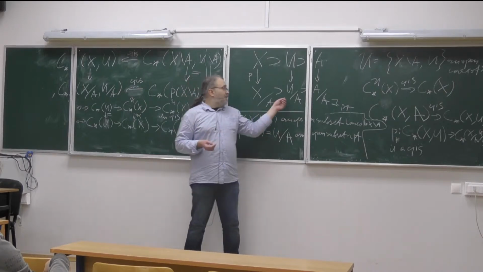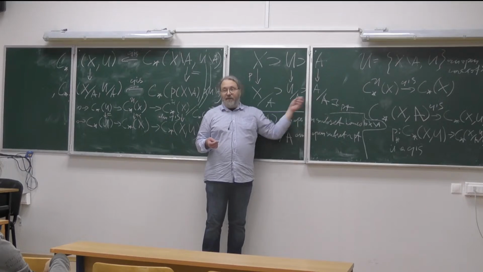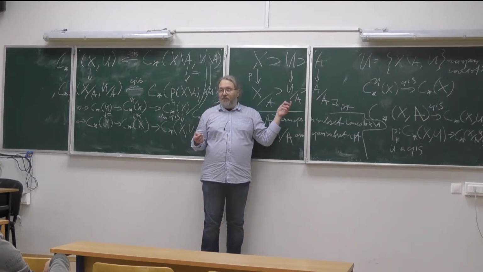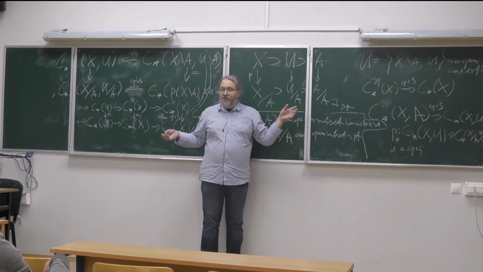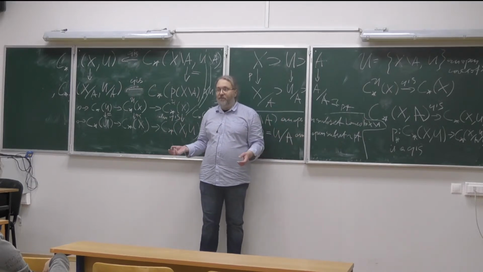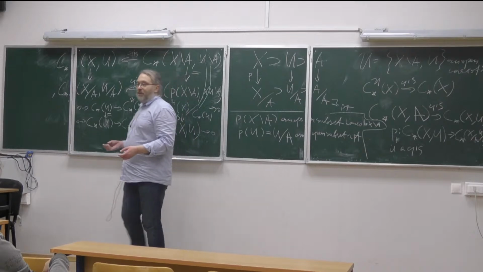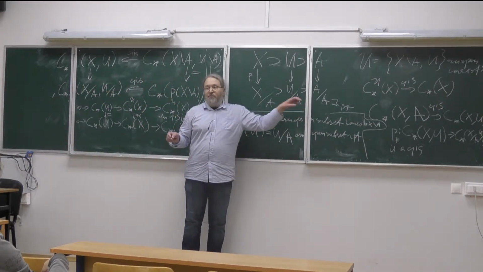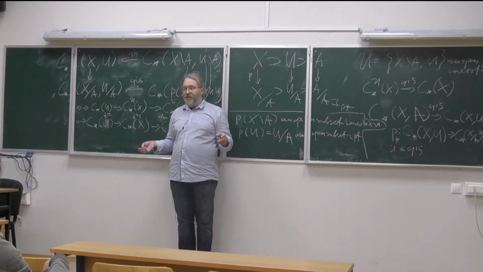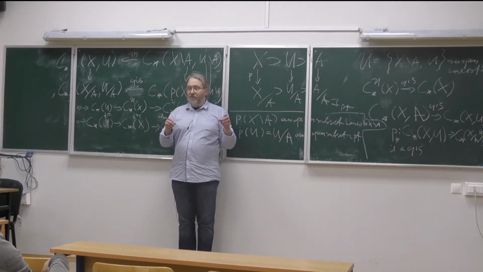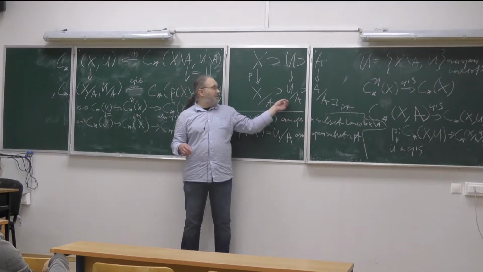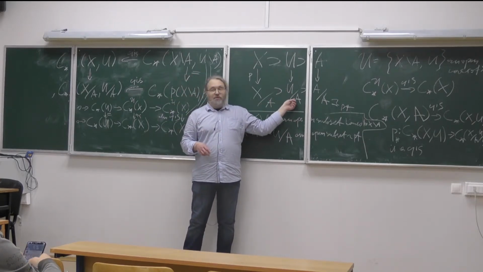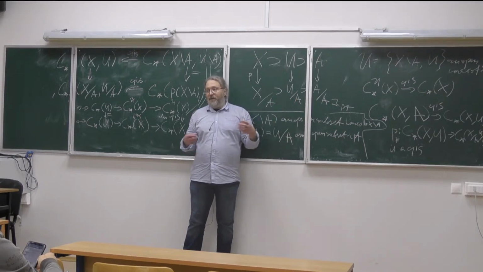And then we use the fact that A by A is a point, and U by A is not a point, but it's homotopy equivalent to a point. And why? Well, because U deformation retracts onto A. So we construct a homotopy which deformation retracts U by A onto a point.